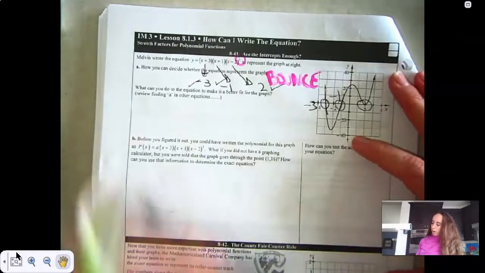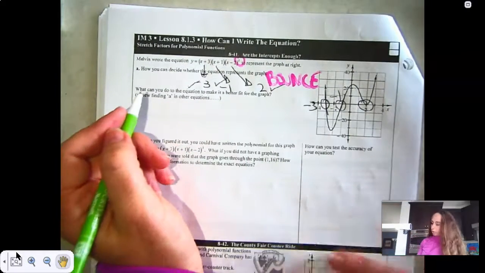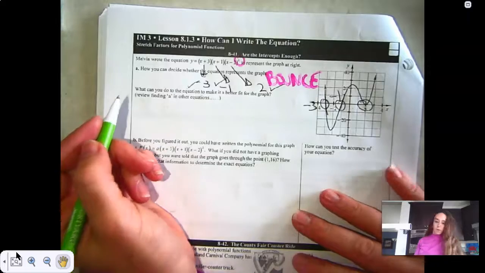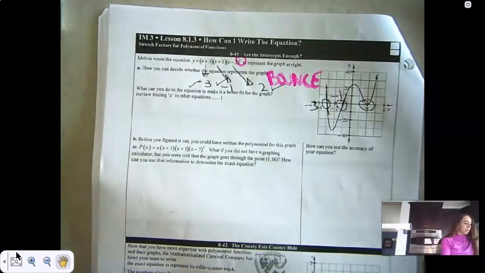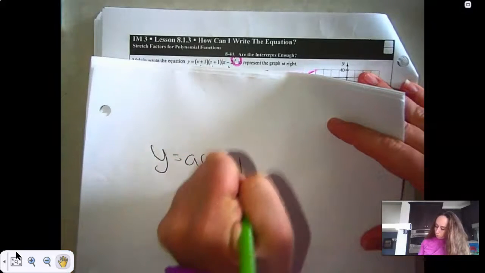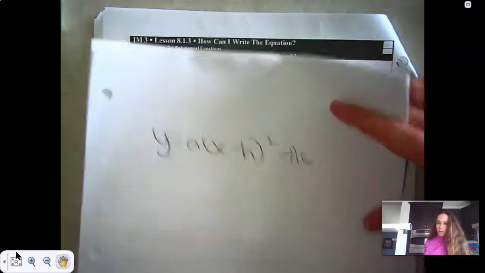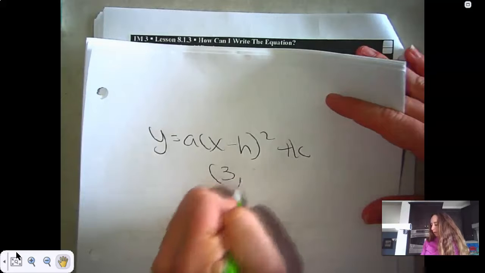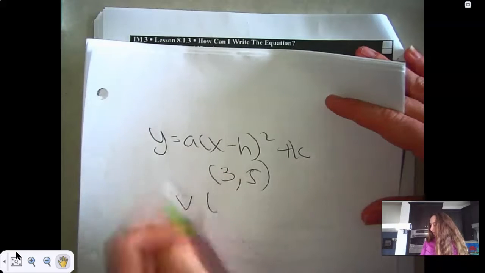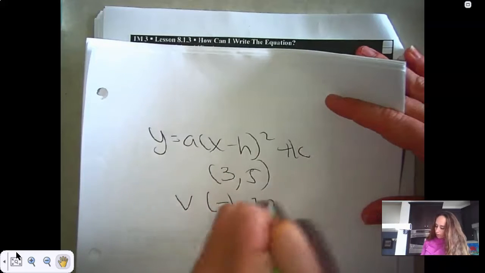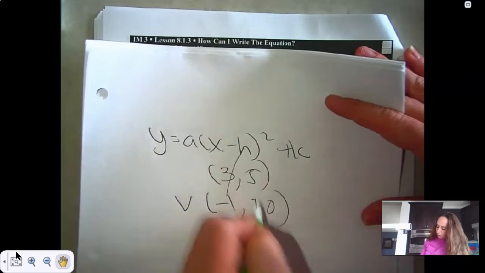All right. So now, I don't know if you remember doing this first semester because it was a long time ago. But when we did, let me get a piece of scratch paper. Remember when we had vertex form? You would take a point, and you would take the vertex, let's say -1, 10.